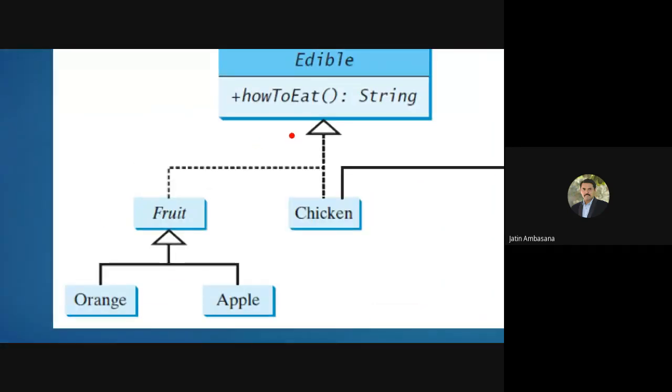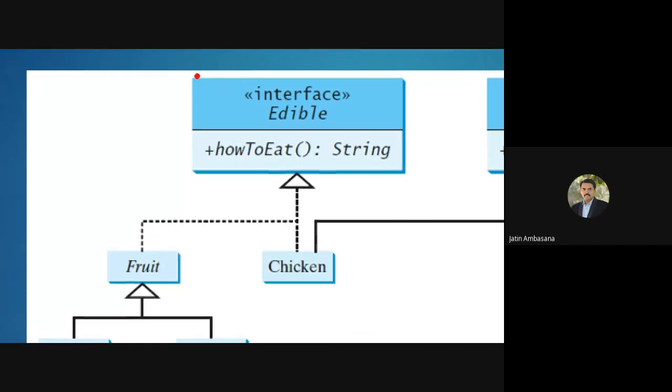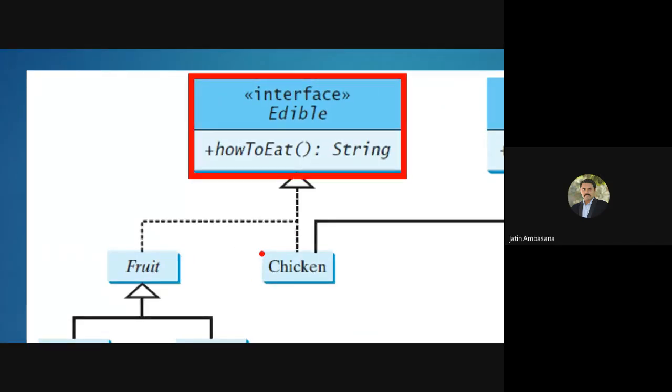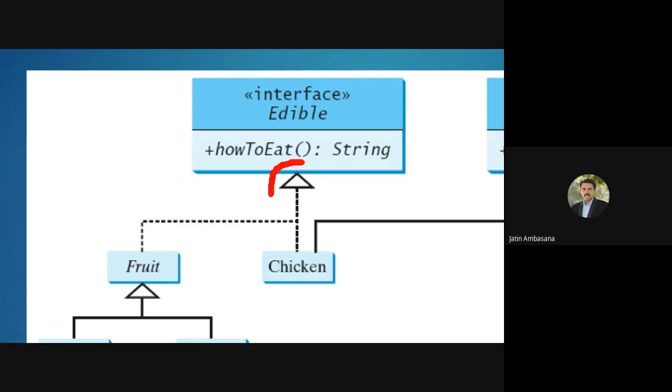But if we are giving an example where an interface is being implemented by a class, then it is represented by the same kind of hollow triangle and dotted lines. These dotted lines represent what? That the interface is being implemented by these classes. Okay.